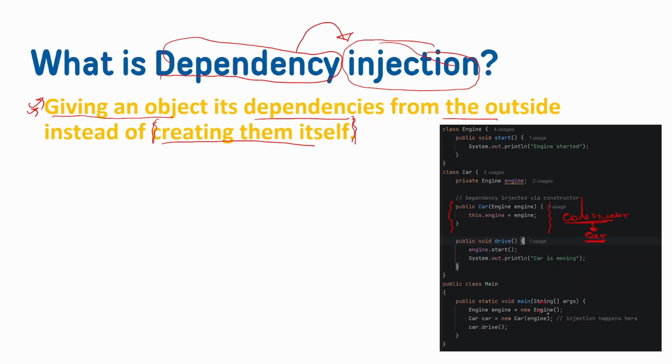The object does not create its dependency itself, but receives it from the outside with the help of the constructor. So this is an example of dependency injection. We have done it with the help of the constructor, but we can also implement dependency injection with the help of methods.